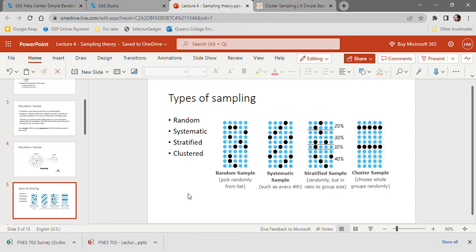A stratified sample is a little bit different, because what you first do is create a strata, or a category, based off of something that you're interested in. So, for example, you might want to only look at females at the New York Giants game.